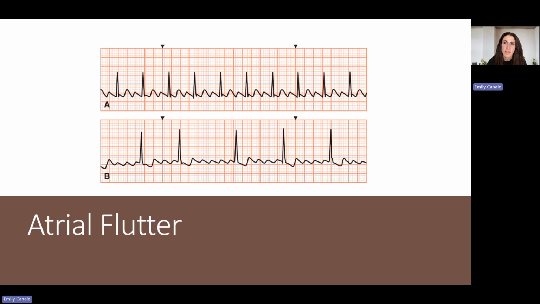Now, the big thing that students get confused about is the difference here with AFib and a flutter. This is a less common dysrhythmia that you would see, but again, you can see that there are no P waves here. If anything, we actually call these flutter waves.